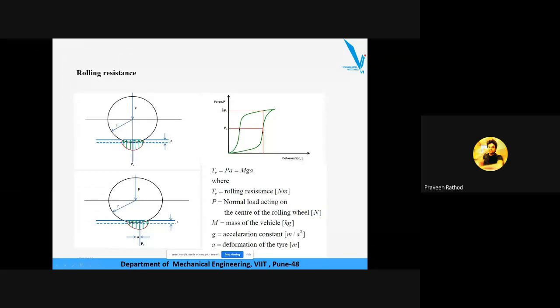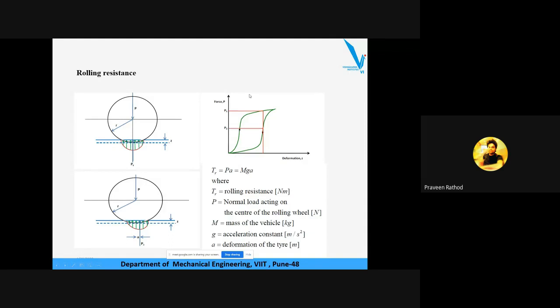You can see what the deformation is when the tire is in loading condition and when the tire is in unloading condition. The deformation Z versus the force P in the loading and unloading process is shown in this figure. This is the curve for loading and this is the curve for unloading.